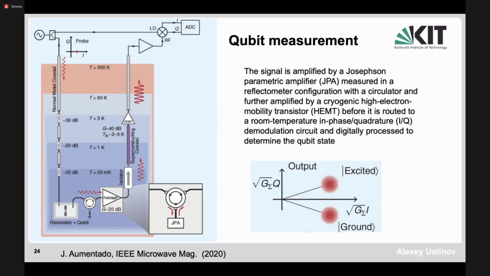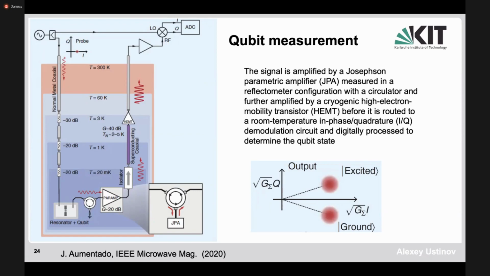And then the output signal from the qubit goes into the amplification. And then of course, there is a resonator here shown as a box. I won't discuss the detail, but this is a signal, actually the readout signal, which contains information about the state of the qubit through the state of the resonator.